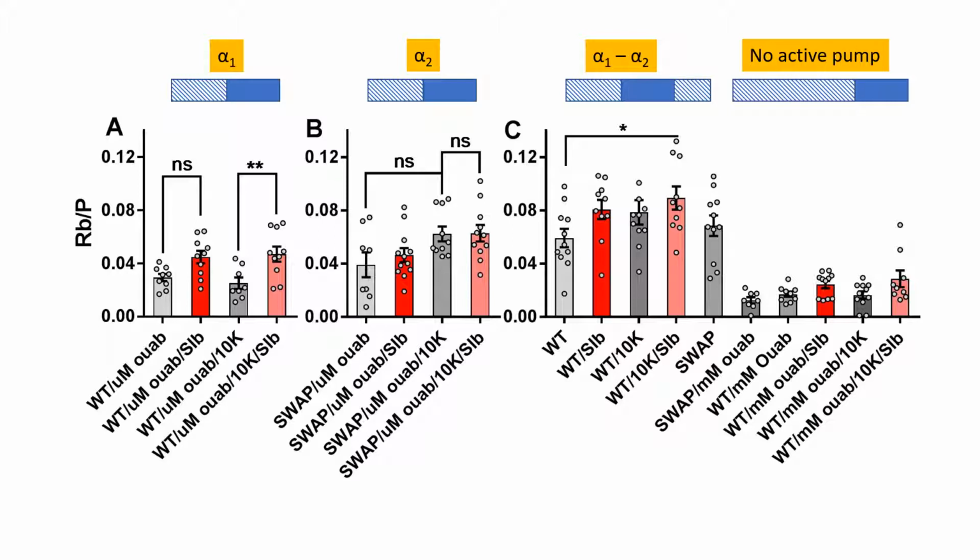So what we have here is the rubidium uptake by alpha 1, alpha 2, alpha 1 and alpha 2, or non-specific ion transporters, non-pump transporters, in high versus low potassium, with and without adrenergic stimulation.